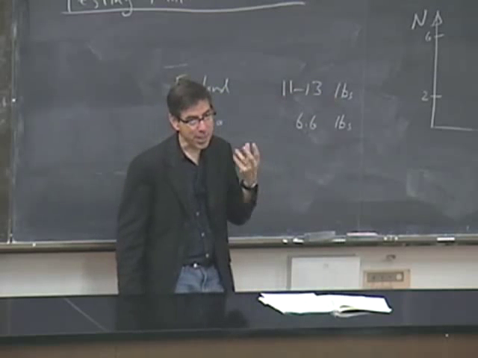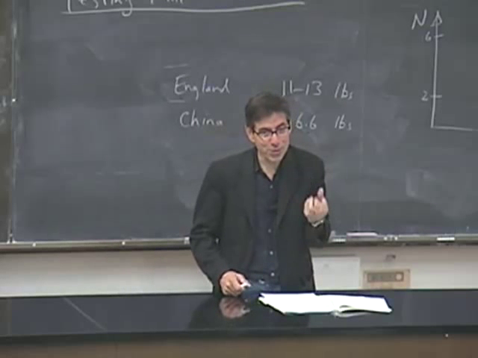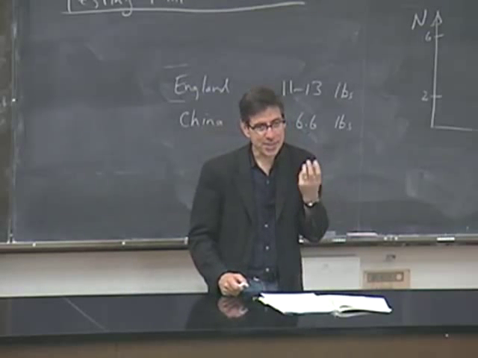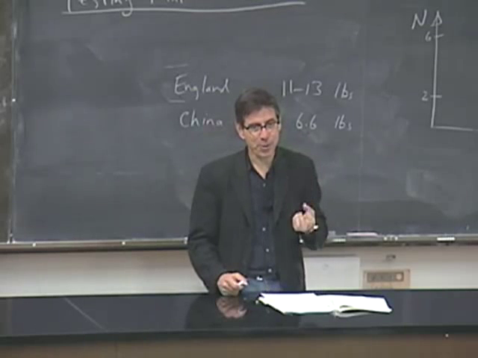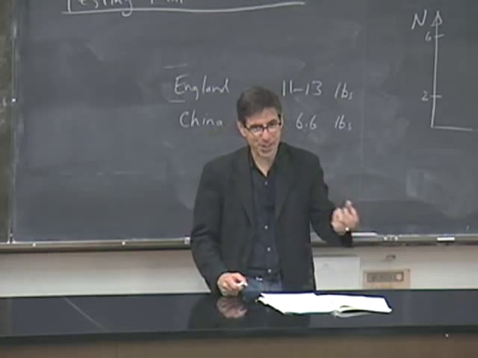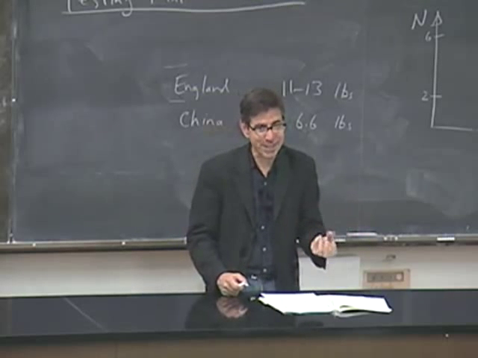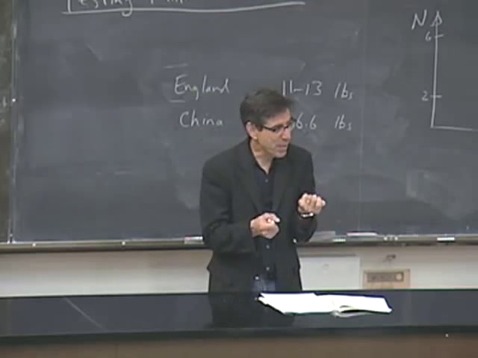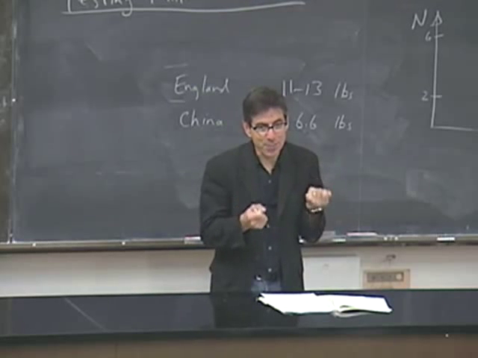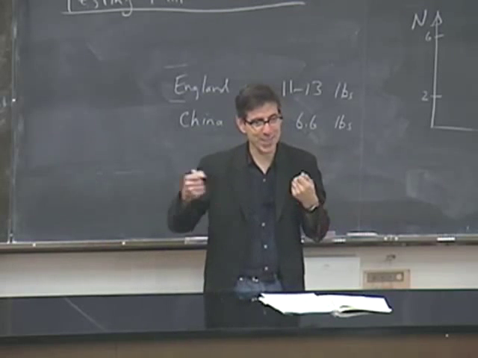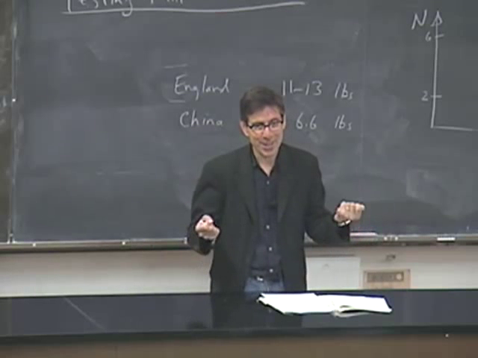And this is going to be part of a general interesting pattern, which is that living standards in Asia seem to be very low relative to those in Europe and the Middle East around 1800. There seems to be a very significant difference between the living standards of the East and the West in this period.